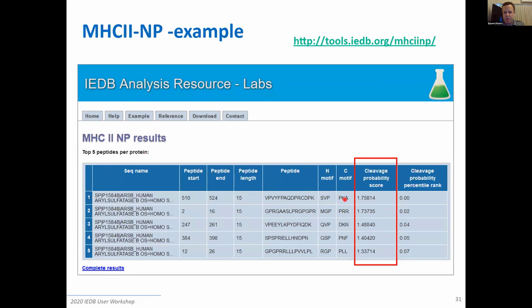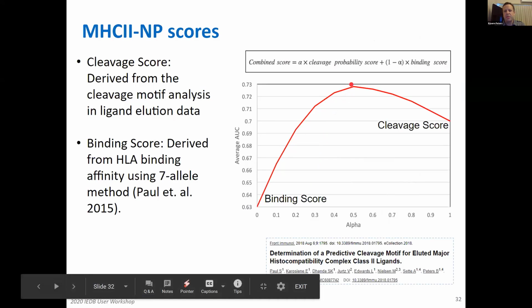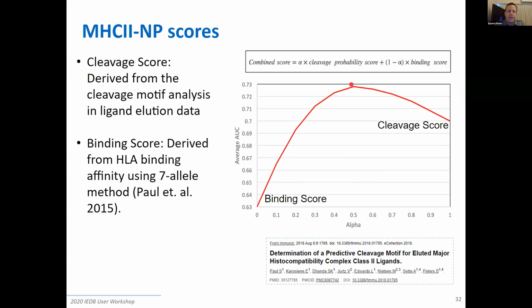So if the proline would be on the second position here, it will not be cleaved there. These proteases like to have the proline one position apart from the cleavage site. So that is one of the reasons why this has a high cleavage score. So using this, you really get good at identifying what is going to be the ligand that is going to be eluted from a cell.